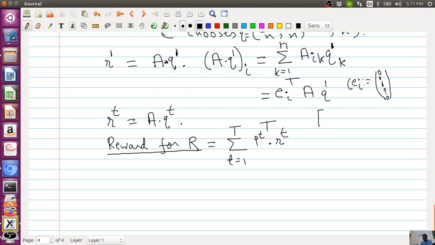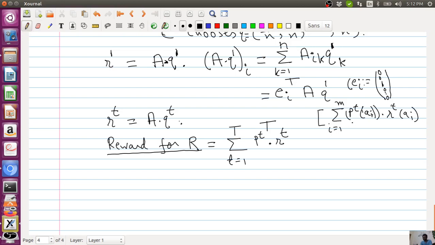Well, the total reward is the sum over i equal to 1 to m of Pt of Ai times Rt of Ai.